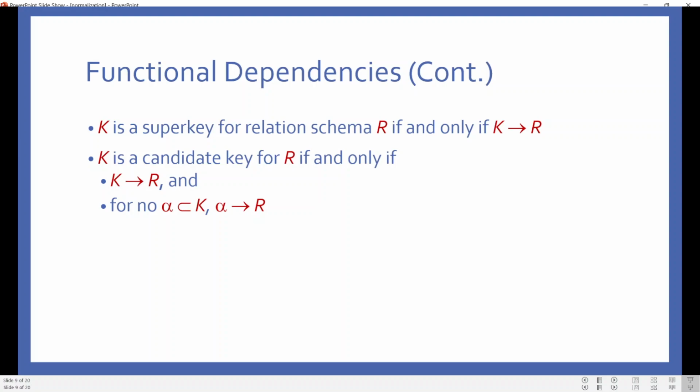Now, K is a super key for a relation schema if and only if, see here, K is a super key if and only if K determines R. What does this mean?